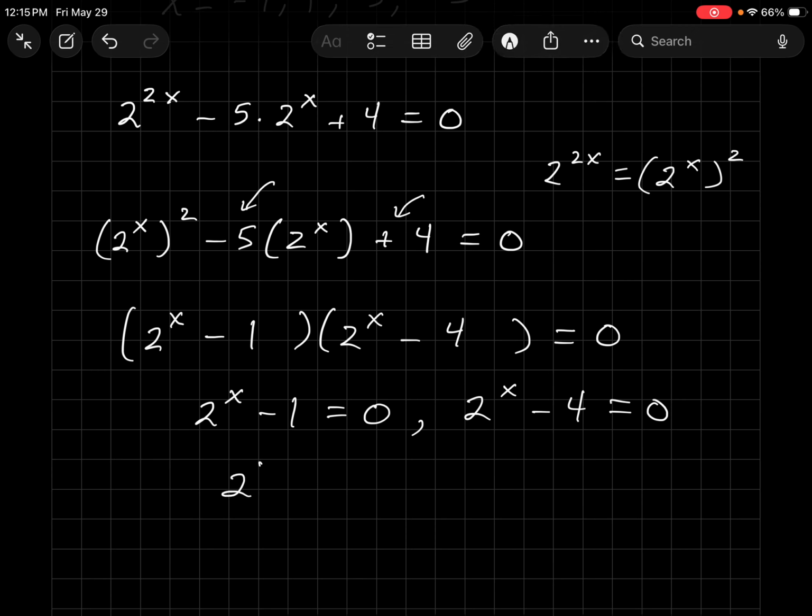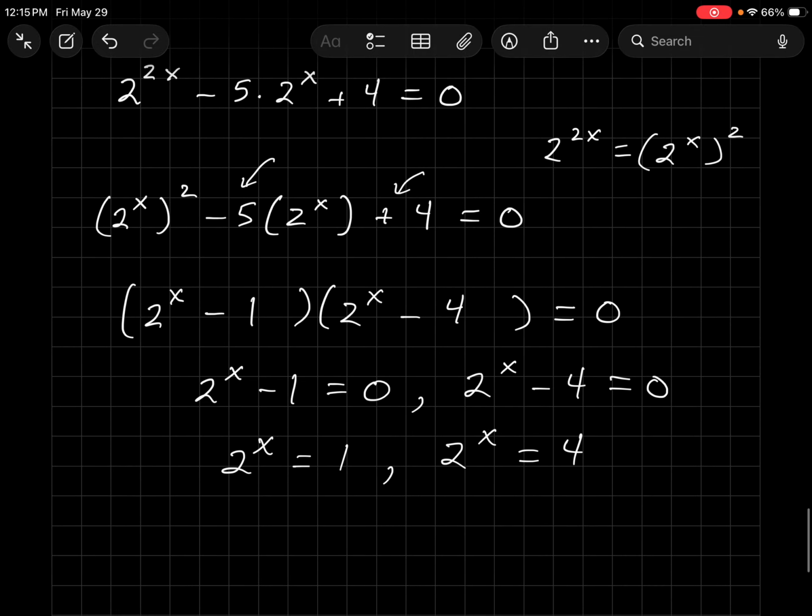That is 2 to the x equals 1, or 2 to the x equals 4. And these, I chose so we could do these in our head, hopefully. Because now we have to go an extra step further and say, well, what does x equal? Well, the first one, x equals 0, because 2 to the 0 is 1. For the second one, x equals 2, because 2 squared equals 4.